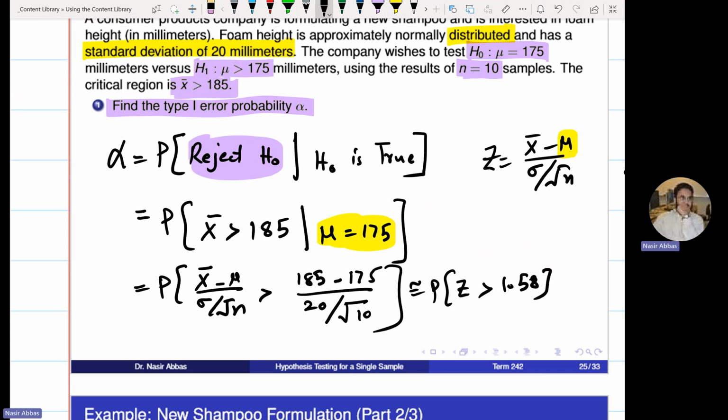Again, now you are expert in solving this question. Can you get this answer directly from the Z table? The answer is no. So this will be 1 minus the area below 1.58.